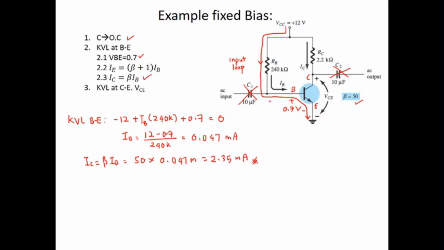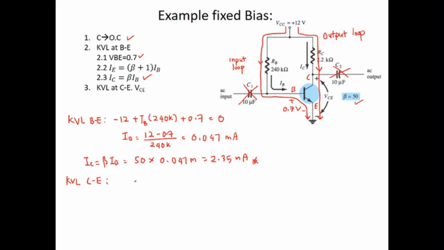And then the second part, for the Q point, you need to calculate the VCE. So the VCE is from the KVL of the collector emitter. So we start from the VCC, and then pass the collector emitter until the ground. So this is the output loop.